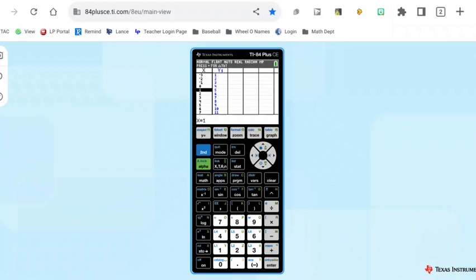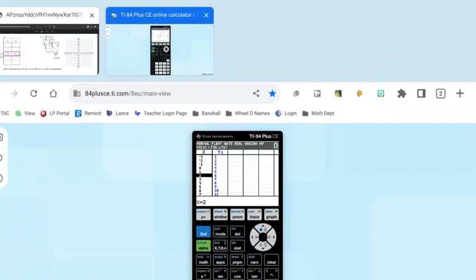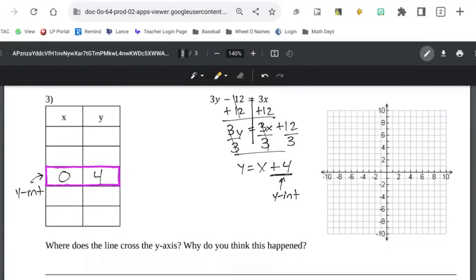We go to the other side, 1, 5, and 2, 6. So let's go back and make sure we write that down. We have -1, 3, -2, 2, 1, 5, and 2, 6.